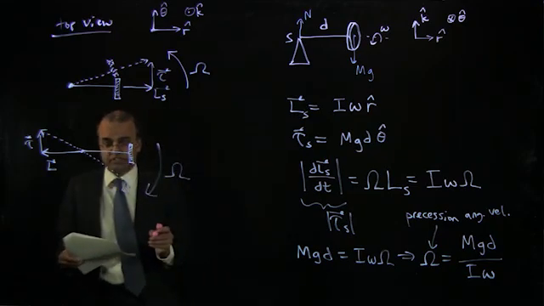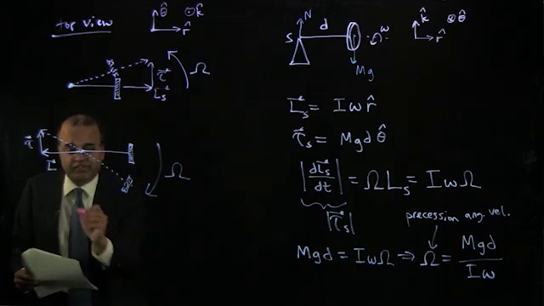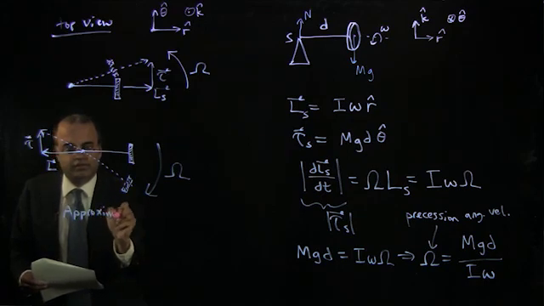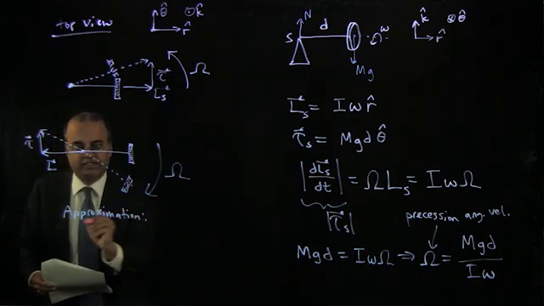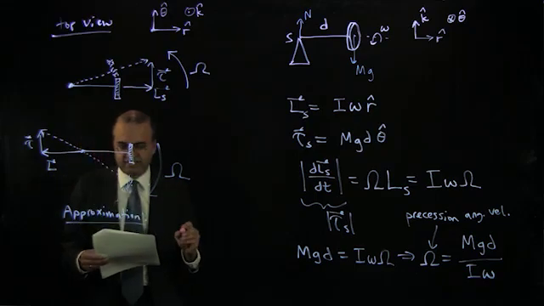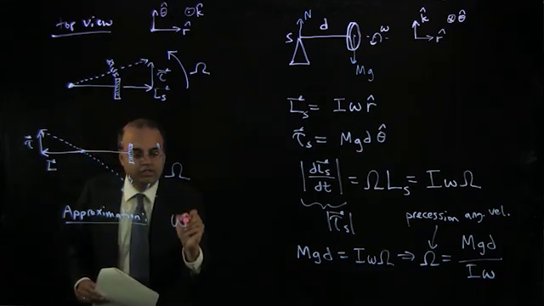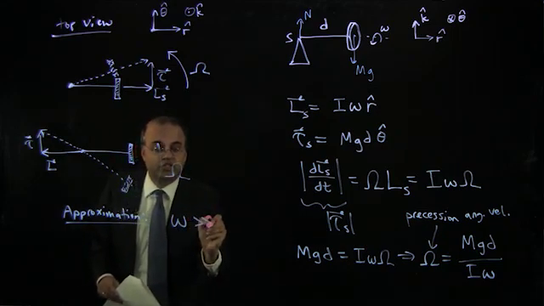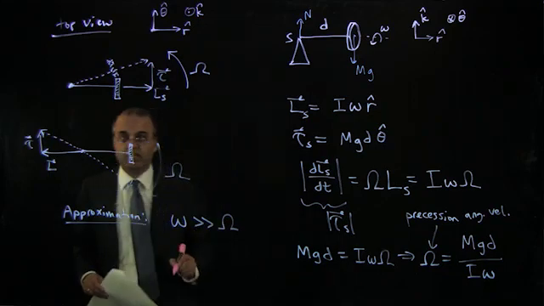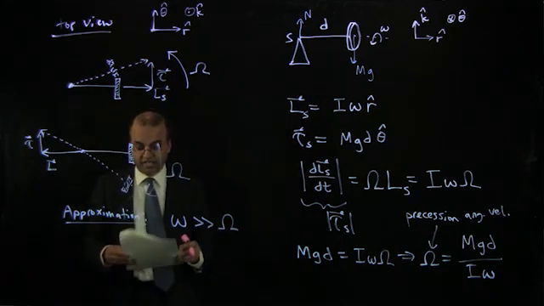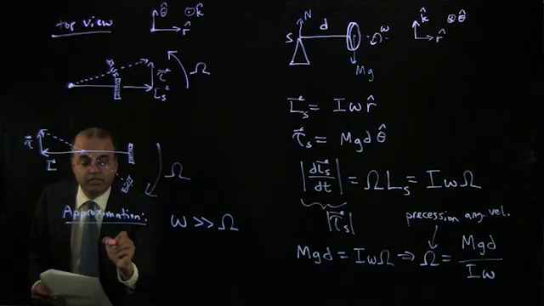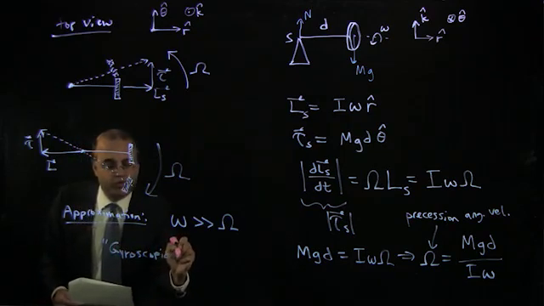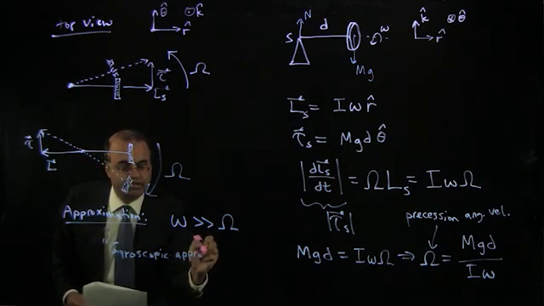That's equivalent, it turns out, to saying that, so this is the approximation that we've been making so far in this lecture, is that little omega, the spin angular velocity, is much, much larger than capital omega, the precession angular velocity. Okay? This is called the gyroscopic approximation. We'll see a more precise statement of it later on.